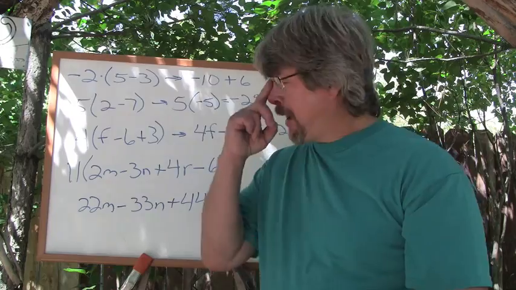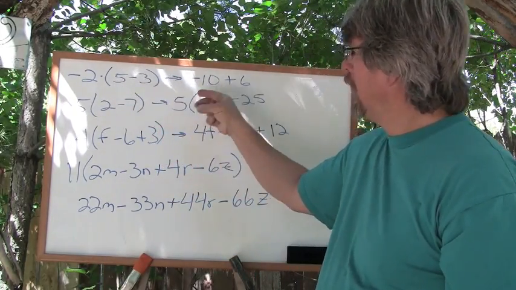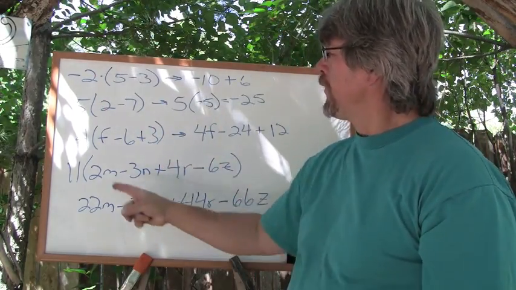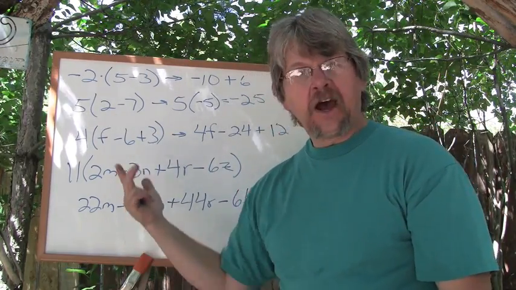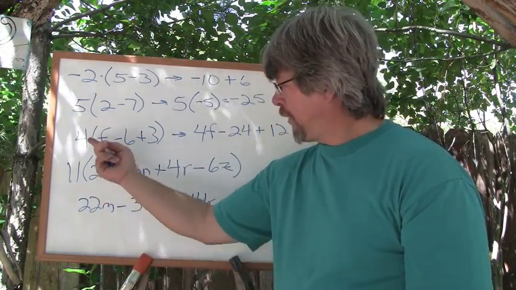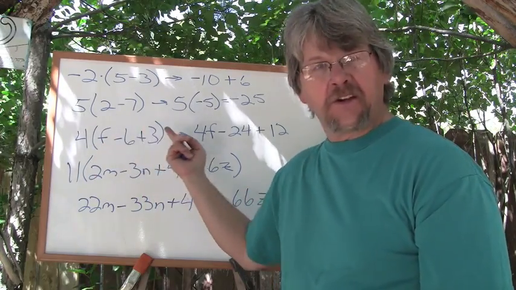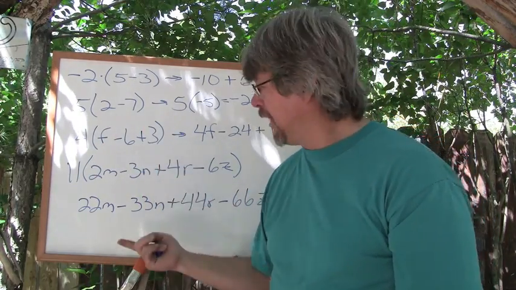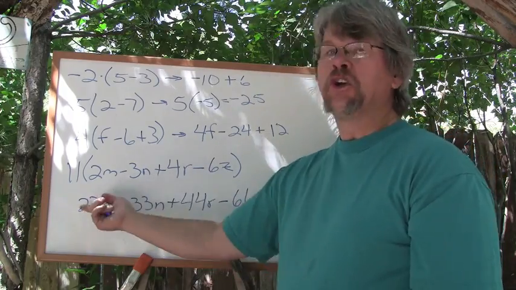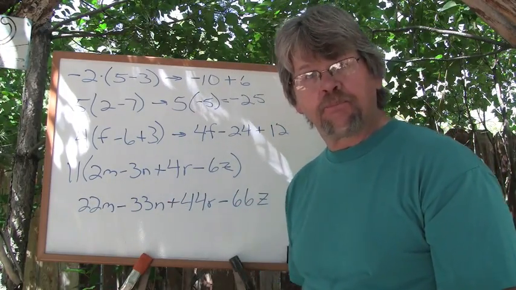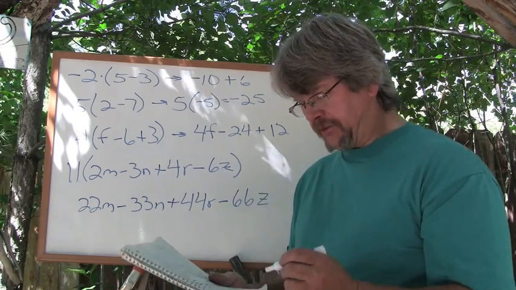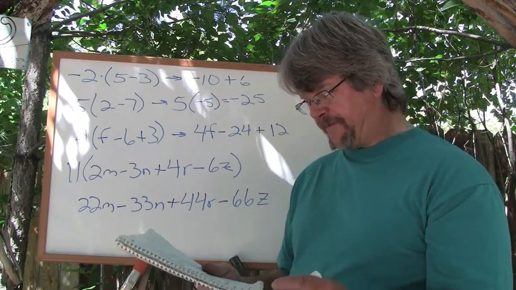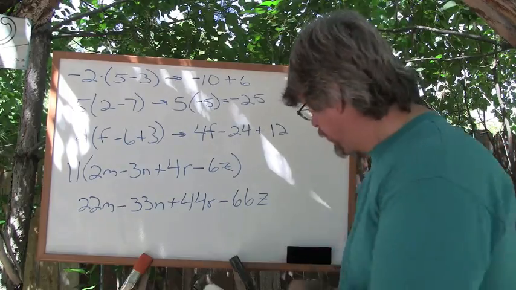So it doesn't matter if there's only 2. You distribute this to the 2. If you have 3 terms within the parenthesis and an outside number, you distribute that outside number to each individual one of the 3 terms. If you have 53 terms, do it to all 53 terms. It's that simple. There's nothing complicated about this distribution, but it is a very important property.